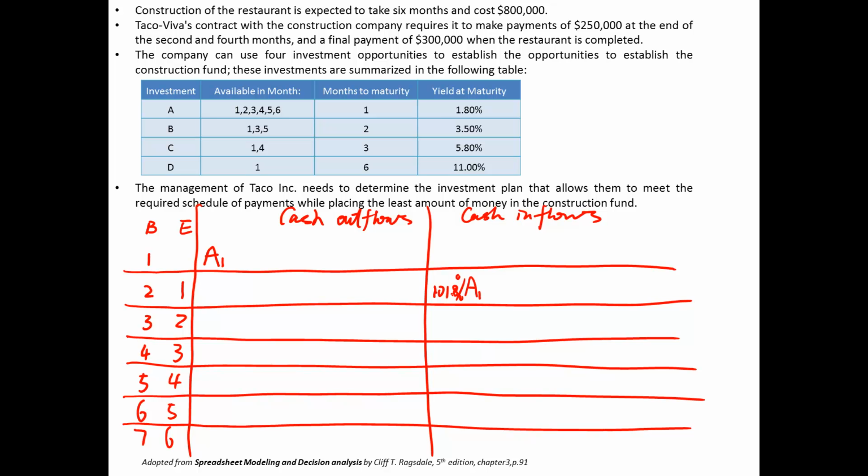Then we know that you can put in A again at the second month, but we just don't know how much we're going to put. I put here A2, and the same thing.